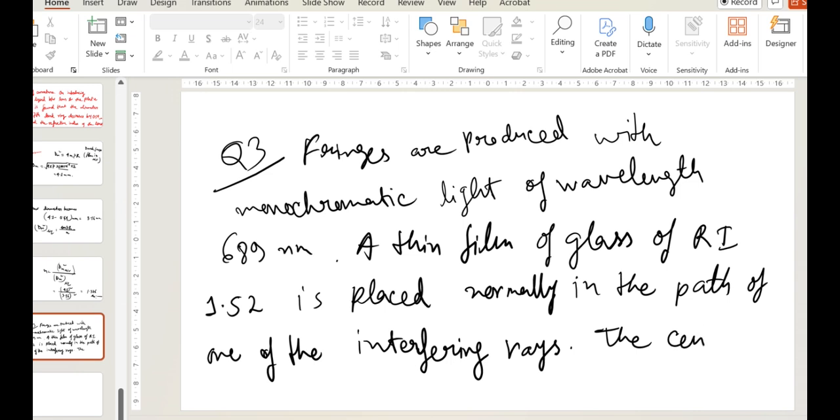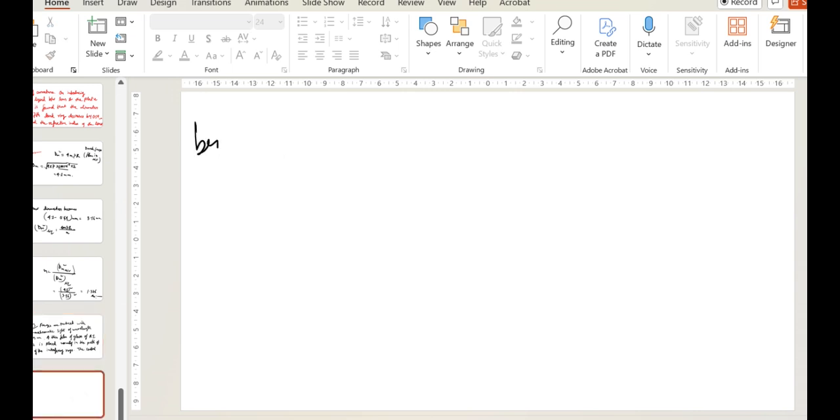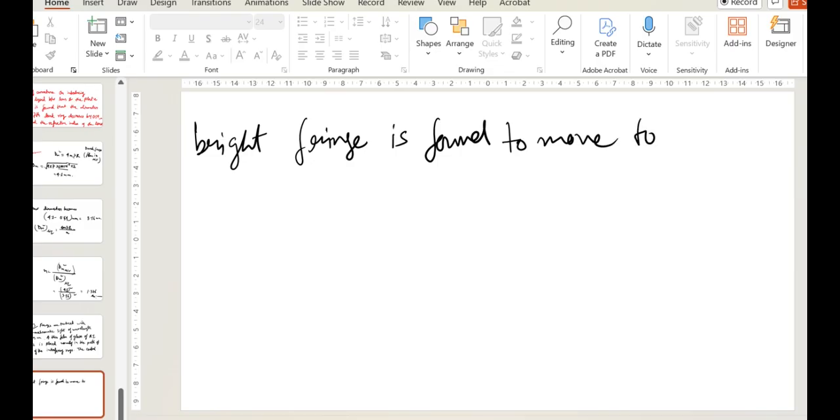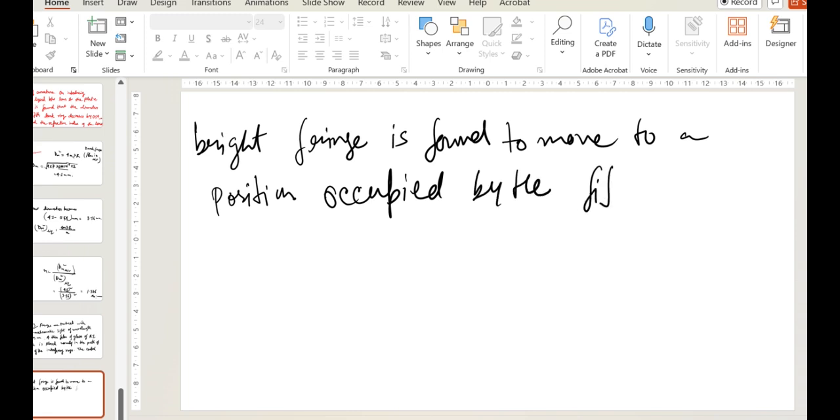The central bright fringe is found removed to a position occupied by the fifth bright band from the center. Calculate the thickness.